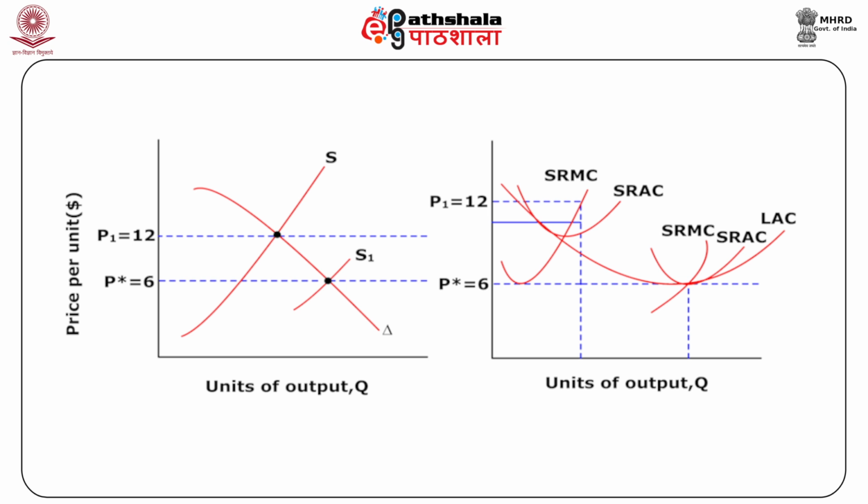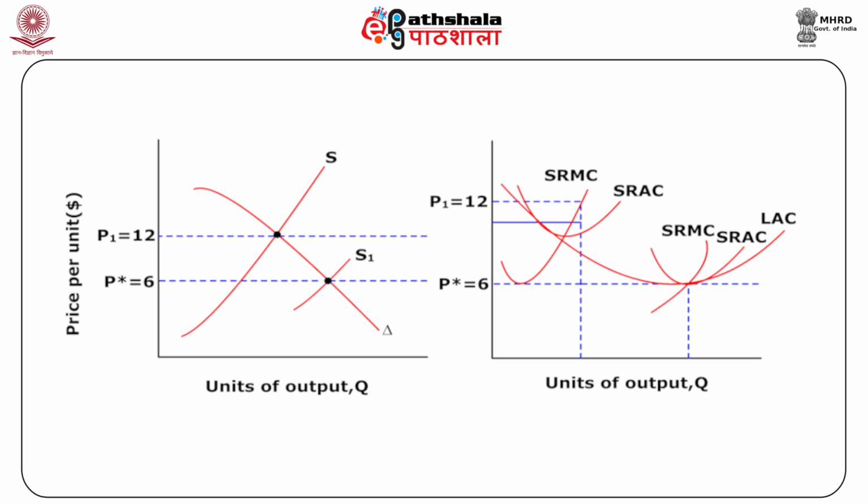At this point, the plant which is of the optimal size has a short run average cost curve and a short run marginal cost curve, both of which are just touching the price P star. At this point, what do we notice?